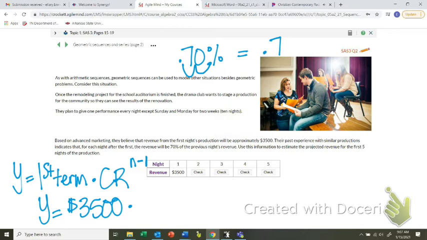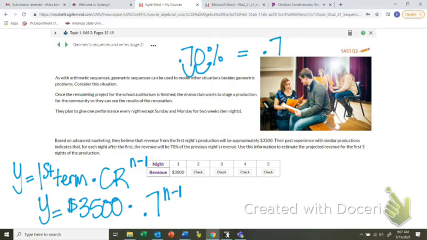So we got 3,500 times 0.7 to the n minus 1. All right. Now, we are going to use this, and we are going to use our calculators to determine night 2, night 3, night 4, and night 5.